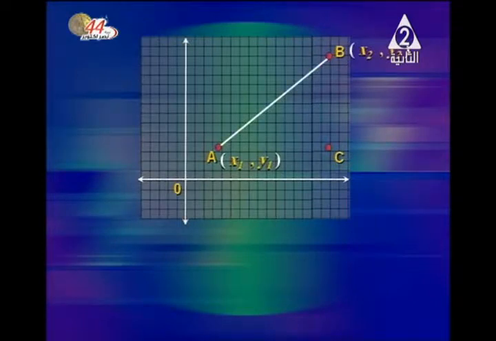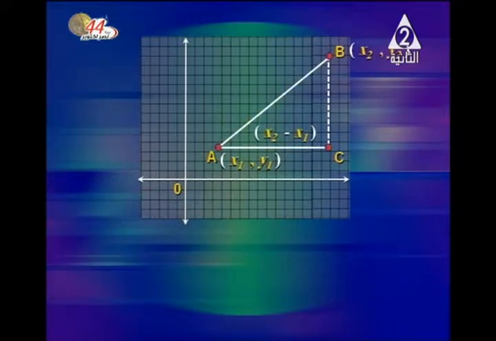Then, to find the distance between 2 points A and B, if you have the point A (x1, y1) and B (x2, y2), how can you find it? First of all, you are going to plot point C and try to draw the 2 perpendiculars.